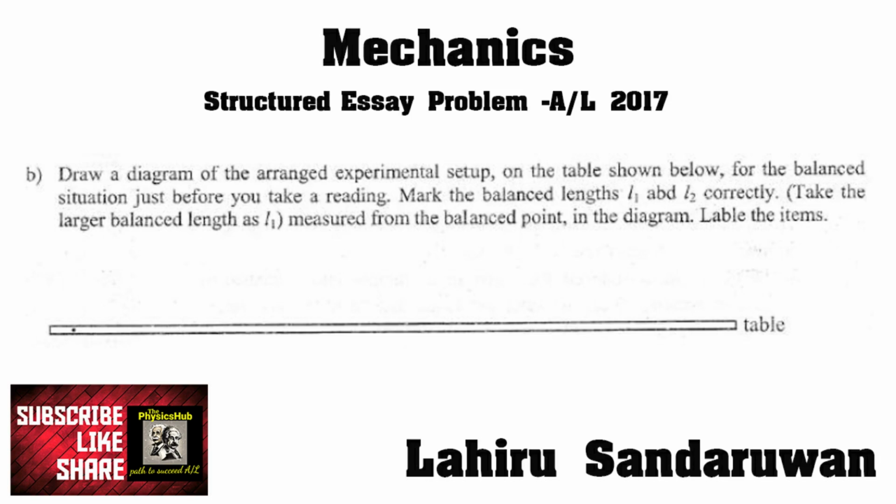Then part B: draw the diagram of the arranged experimental setup on the table shown below. For the balance situation, just before you take a reading, mark the balance lengths L1 and L2 correctly. Take the larger balance length as L1, measured from the balance point in the diagram. Label the items.